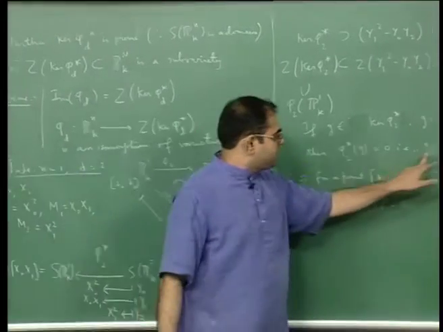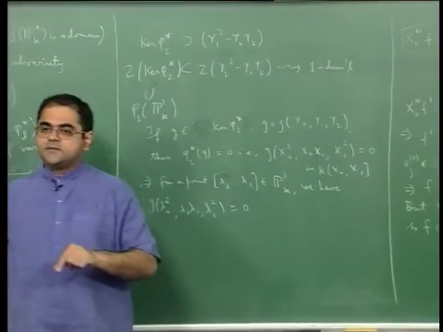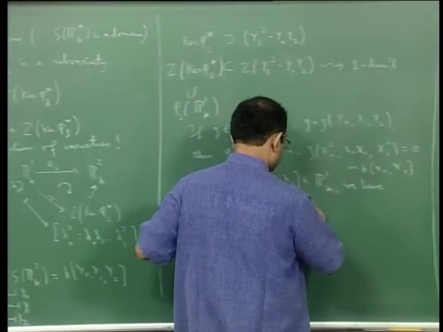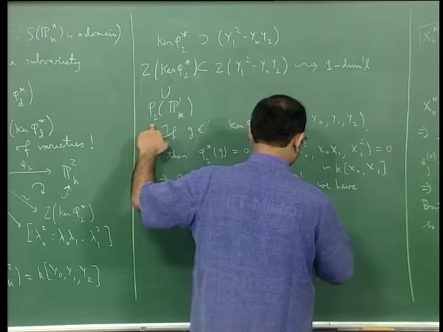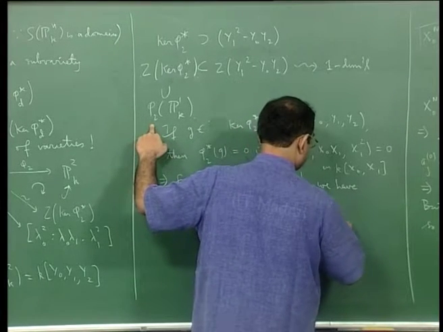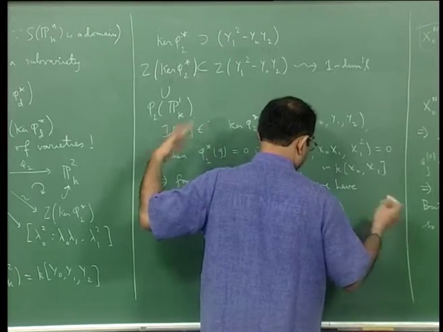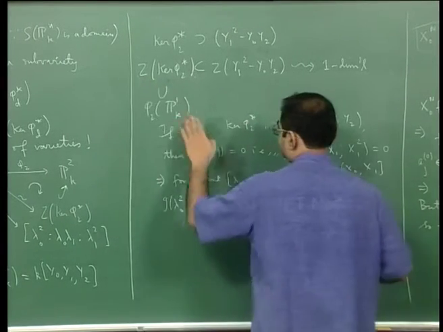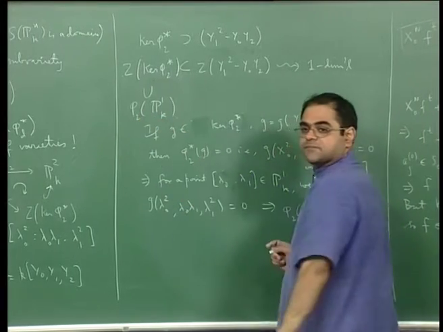I mean, if some polynomial G is 0, then whatever variables you substitute into the polynomial, that also should result in 0. So this calculation actually tells you that phi 2 of P1, the image of P1 under phi 2, has to be in the 0 set of this kernel, because everything in the kernel vanishes on this.